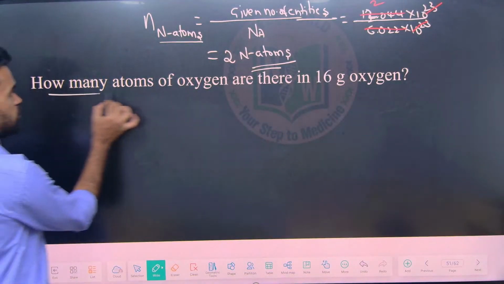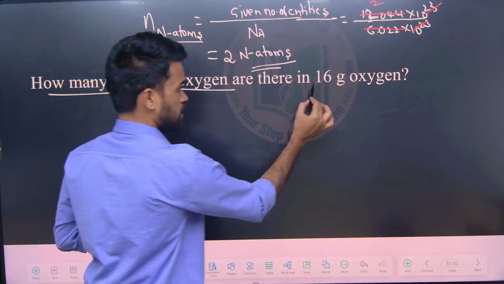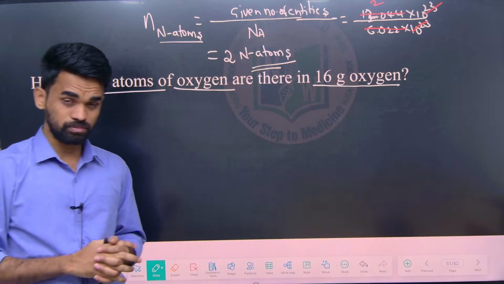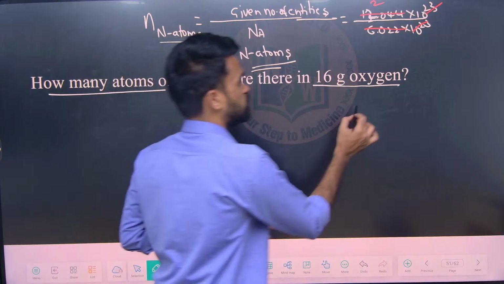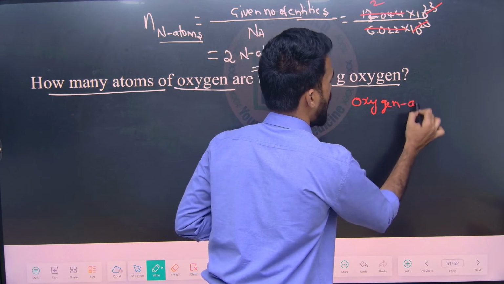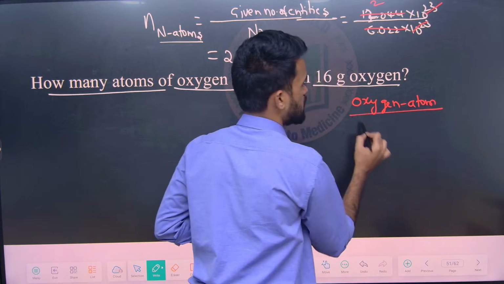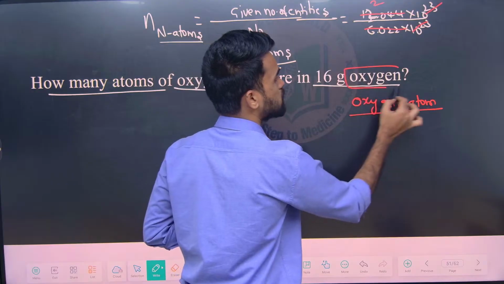How many atoms of oxygen are present in 16 grams of oxygen? You need to understand one thing. If they mention oxygen atoms in the question, you should take it as a single atom, but here they have mentioned it as oxygen only.